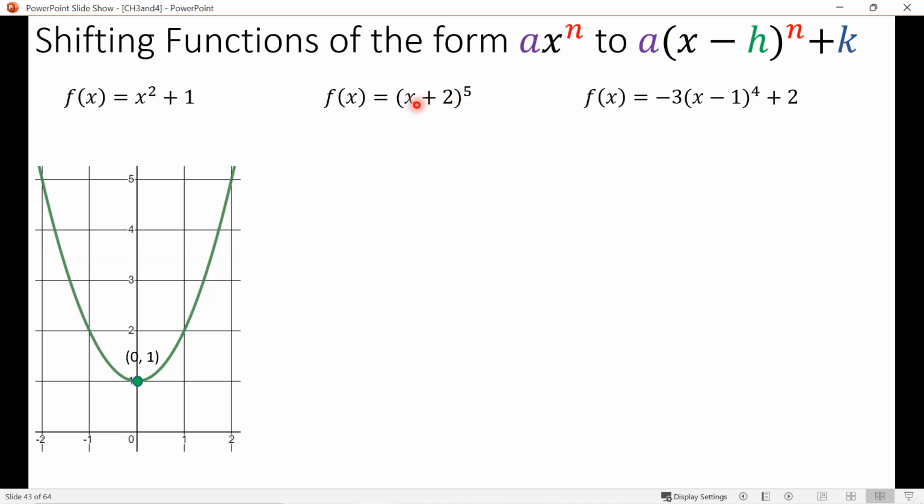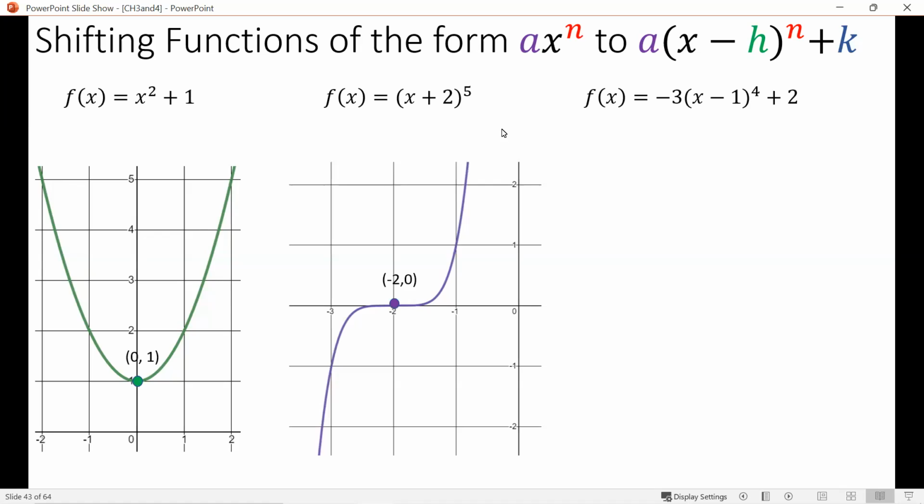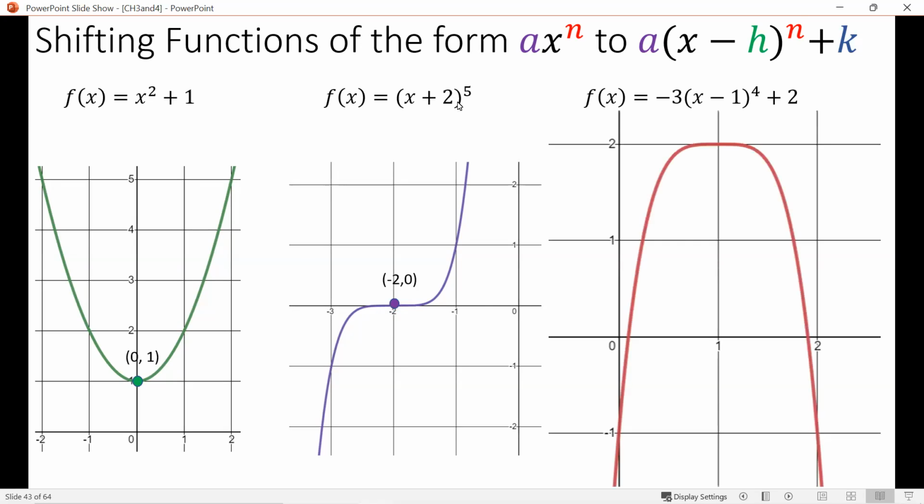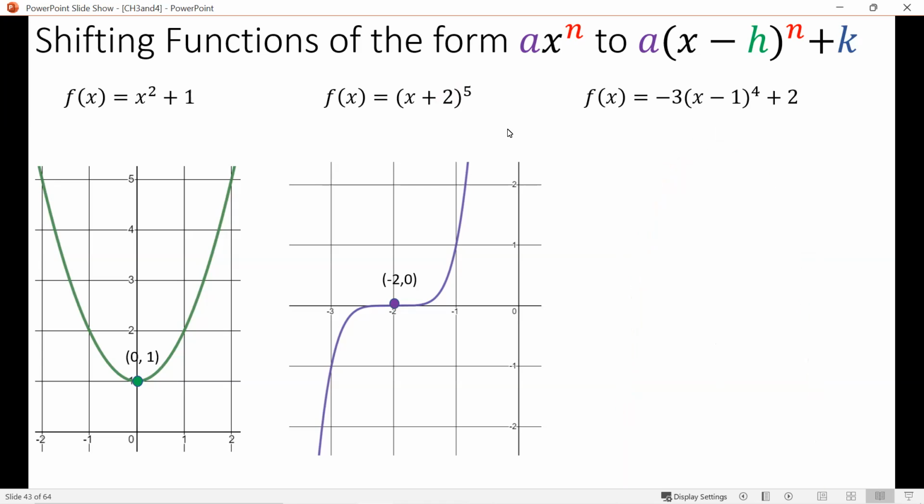What that means is that's going to shift us to the left by 2, and we don't have any shifts in the y. So here is our basic shape, and instead of at 0, 0, we are at x is -2, y is 0. Okay, shifted everything to the left by 2 because of this.